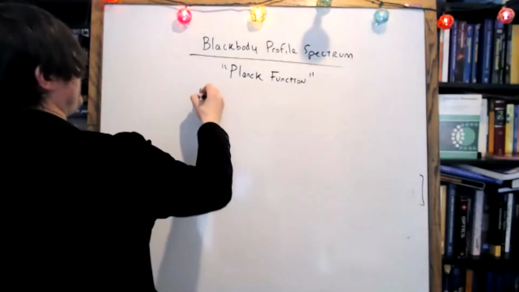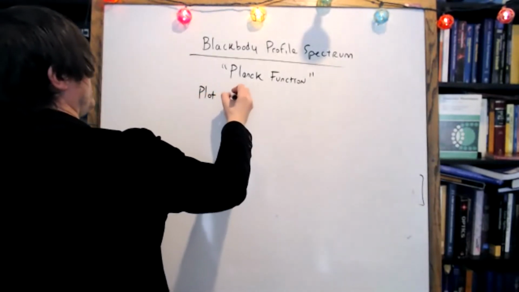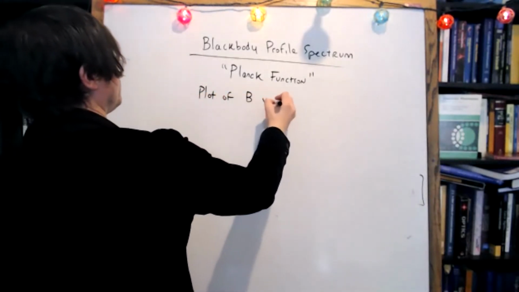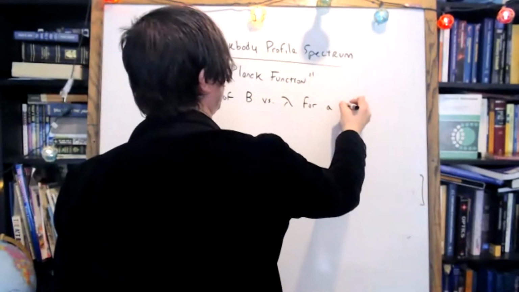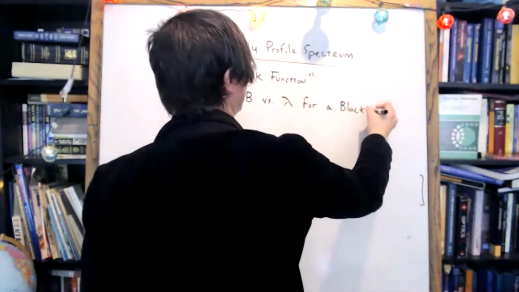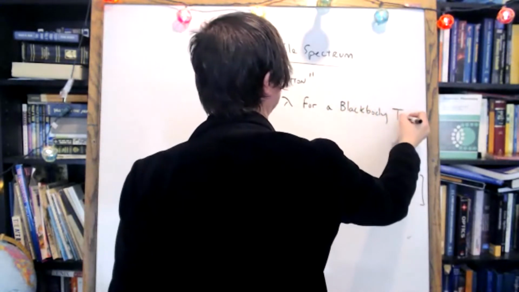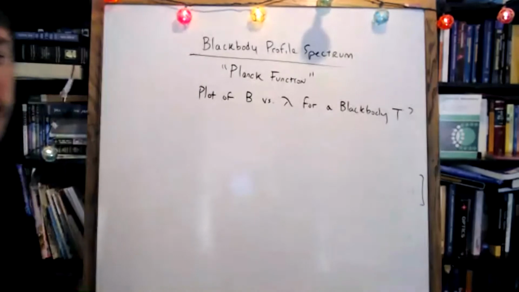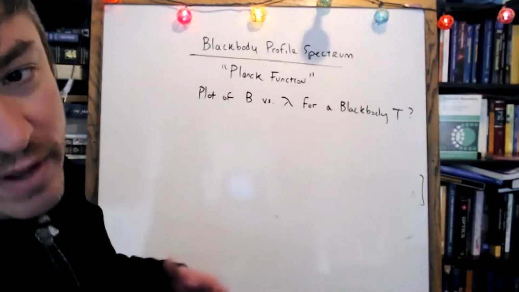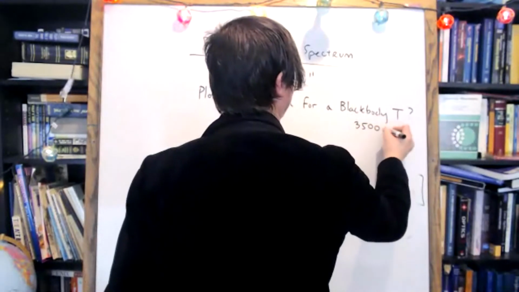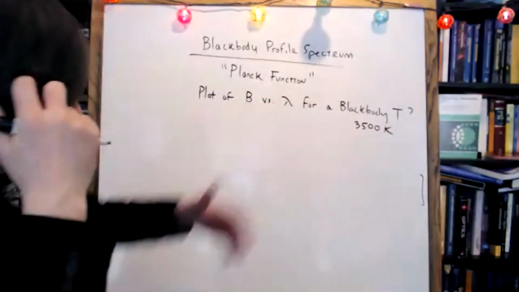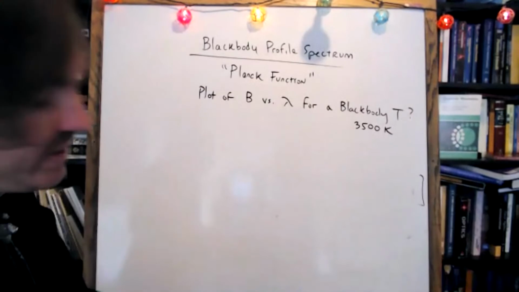What it is, it's a famous plot of brightness versus wavelength for a black body at some random temperature T, which you have to select beforehand. I'm going to try to draw one for a 3,500 Kelvin black body. In other words, one that's appropriate for a tungsten filament light bulb.